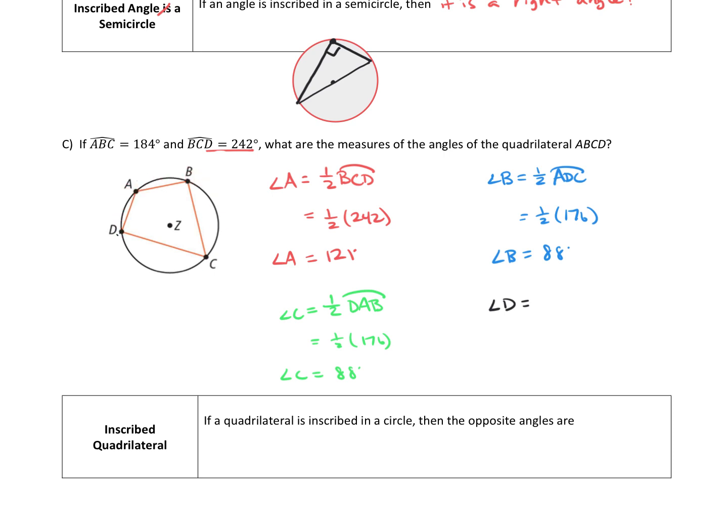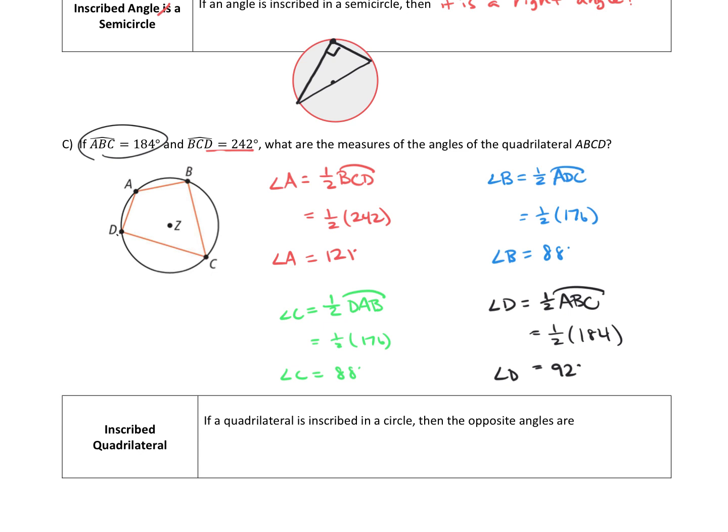So angle D is equal to half of arc ABC. That's the intercepted arc. And they told us arc ABC is 184. So it's half of 184, which is 92 degrees. So angle D is equal to 92.